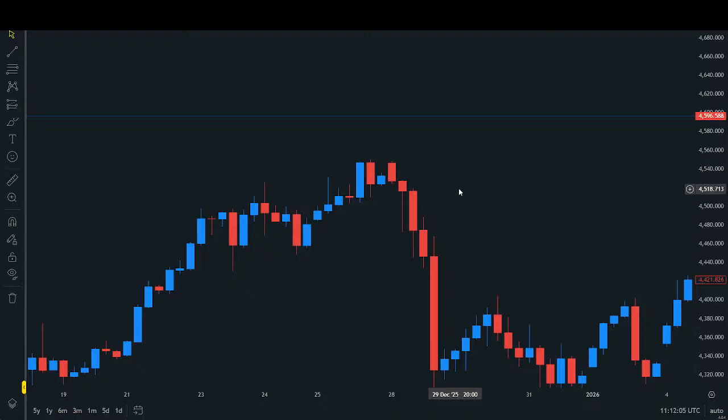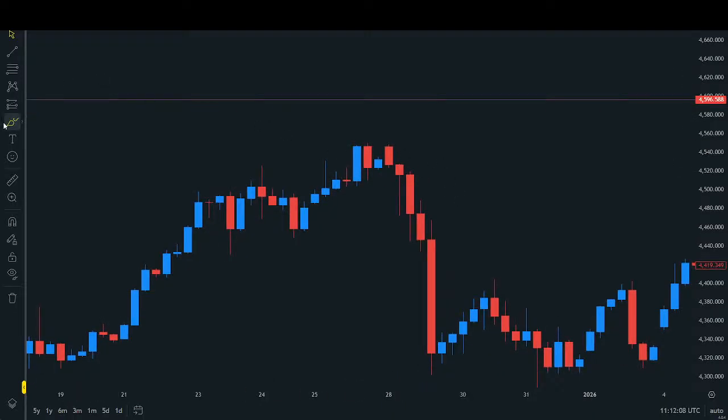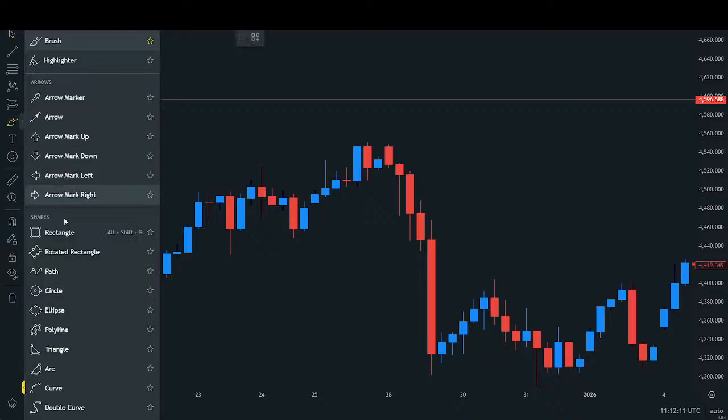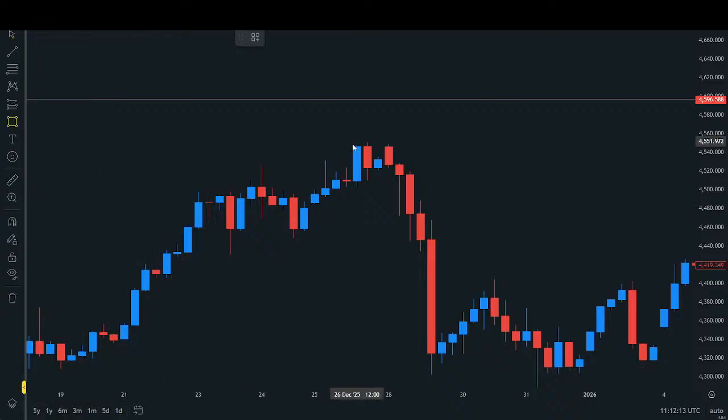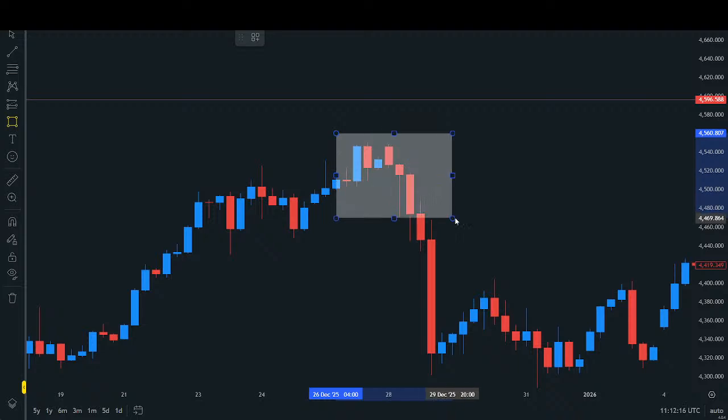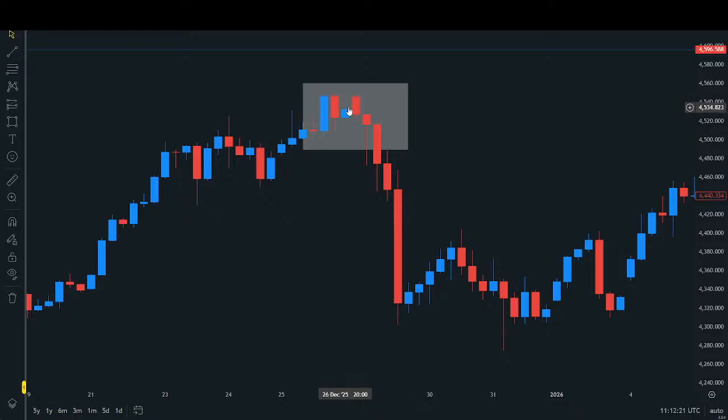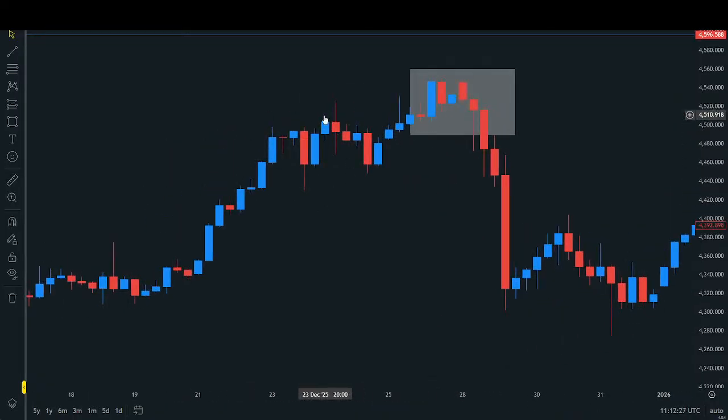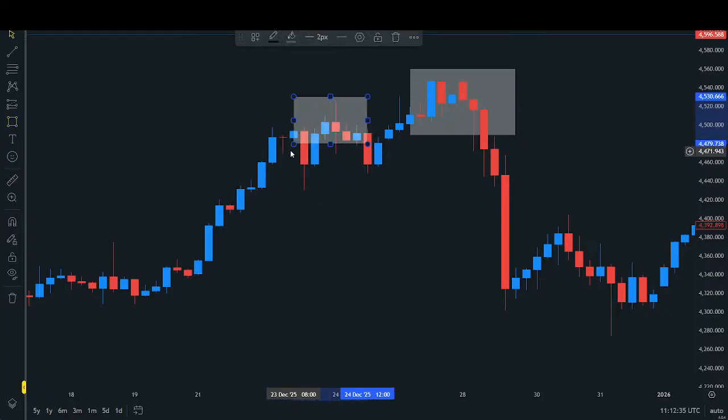Take a look at these candlesticks here. Most traders may expect this market to fall at this zone. You see this zone, this is where it makes the high of the day, and then it has a pullback.